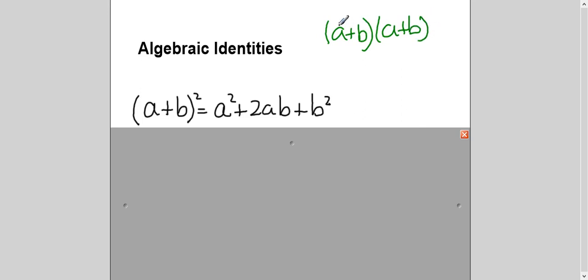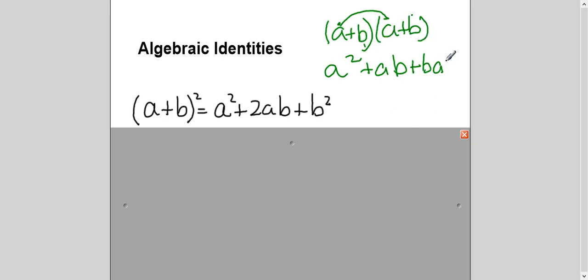So if I multiply these two, first a by a, it will be a square, then a by b, it will be ab. I'm taking care of sign. This is plus, this is plus. So plus multiplied by plus is plus. And then b multiplied by a, it will be ba.